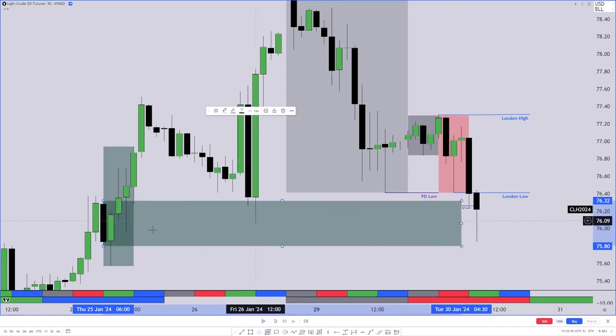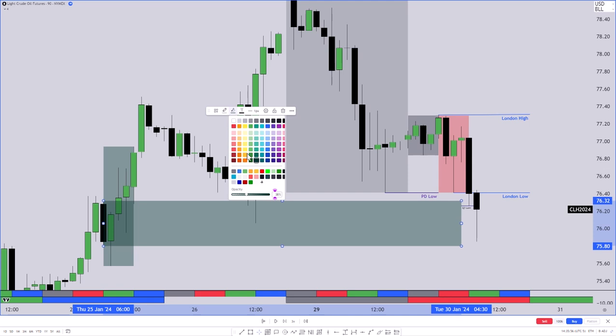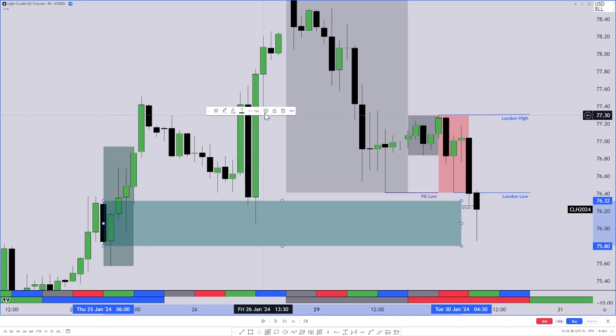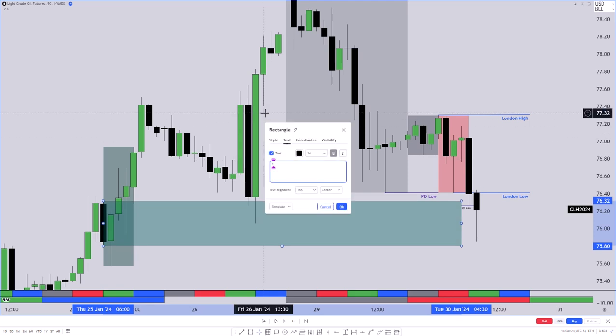What is this? It's a bullish order block. Then we can say time-based PDRA, right?